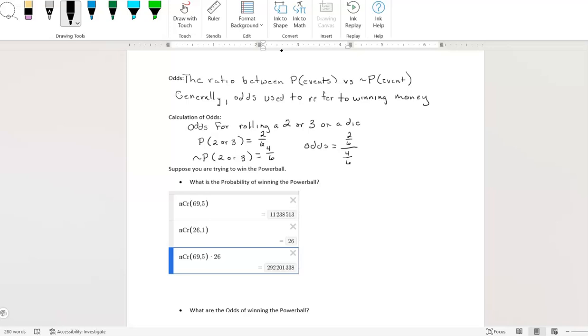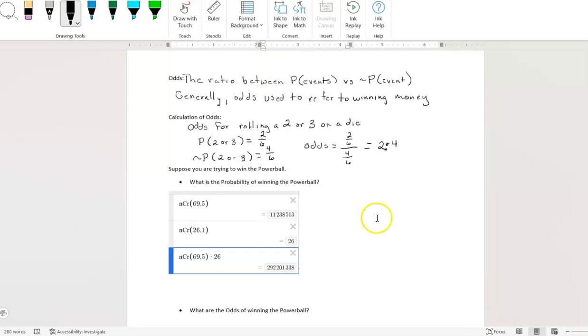We always write these as a ratio, so that means that this is a 2 to 4 odds. What this would translate to is if we were gambling and we wanted to gamble on the 2 or 3, if we paid $2, we win $4. So that's what these odds represent.